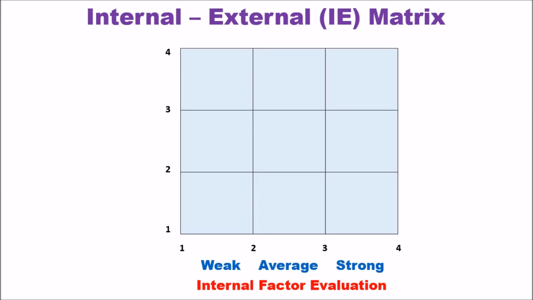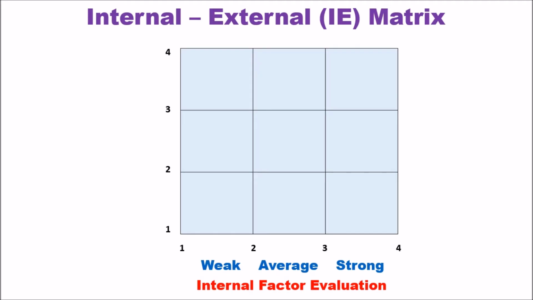Internal factors are your strengths and your weaknesses. Your response would range from weak to strong, where 1 would be weak, 4 would be strong, and 2 and 3 would be somewhere in the middle. So the x-axis is going to be covering your internal factor evaluation.